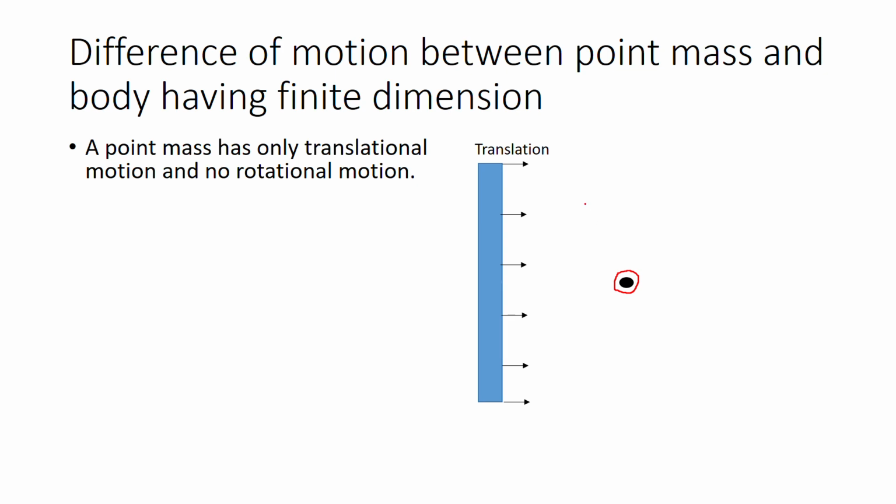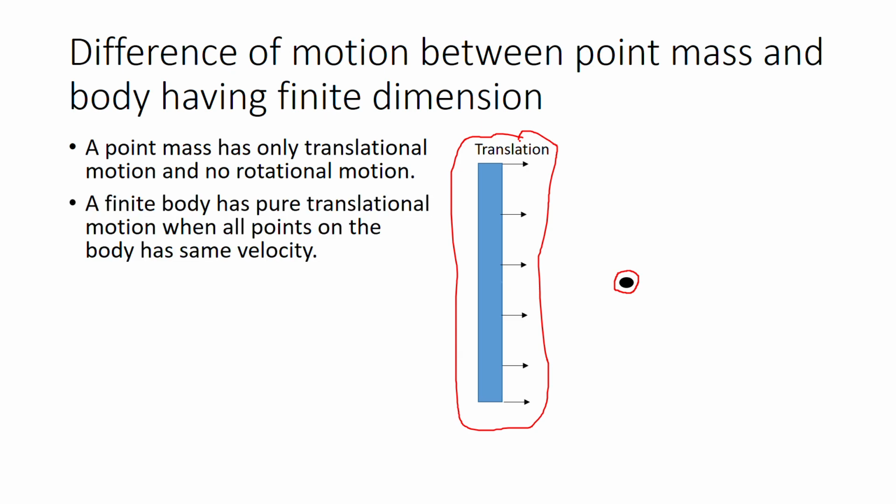Assume it to be a rod of length L, and we are considering only its translatory motion. In case of translation, these arrows are representing velocities. These velocities are equal throughout the length, or in fact throughout the body of any body having finite dimension. If it is in translatory motion, then the velocity of each point is the same.